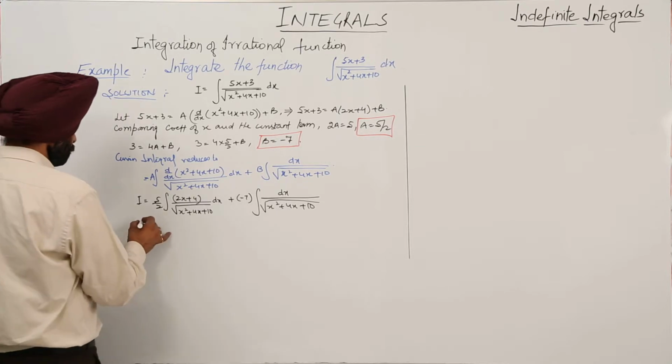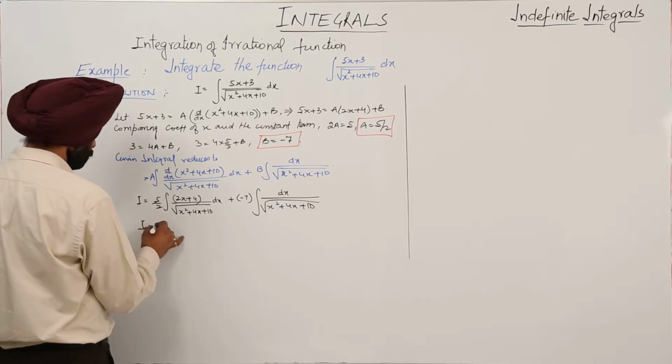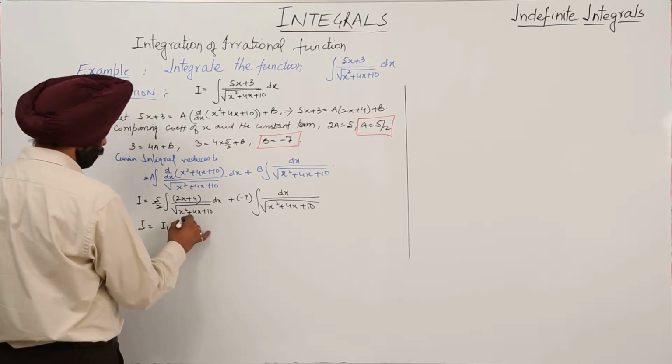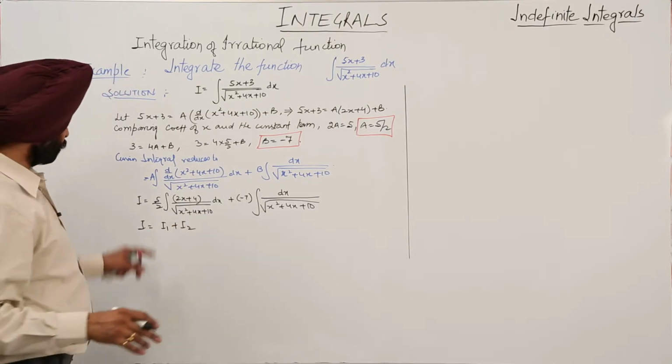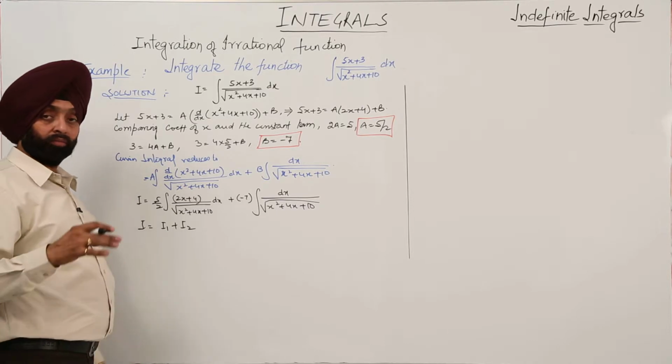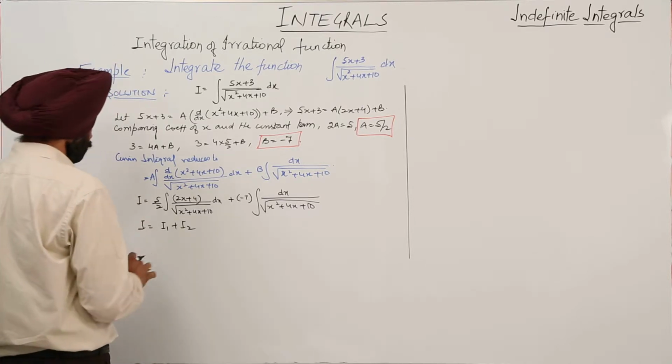Now this is I1 plus I2, or you can write it 5 upon 2 I1 minus 7 I2 also. Okay.